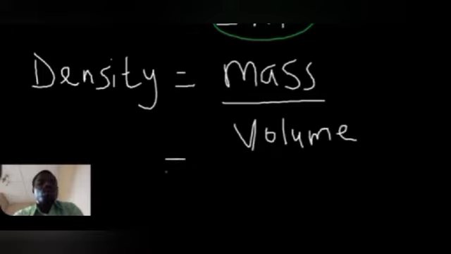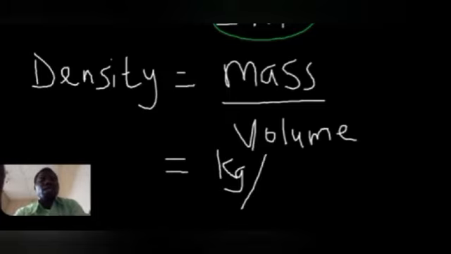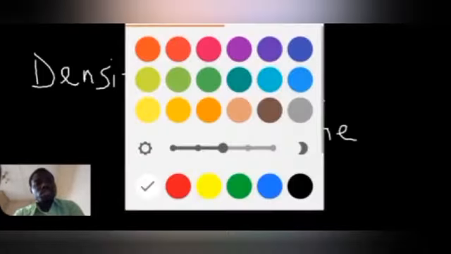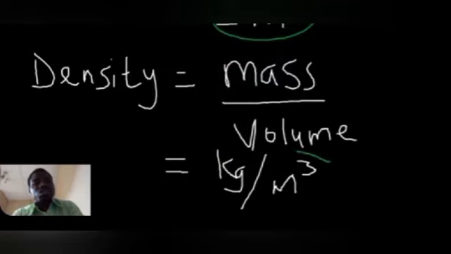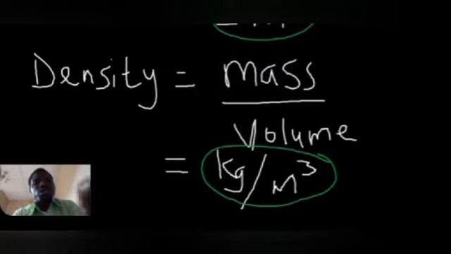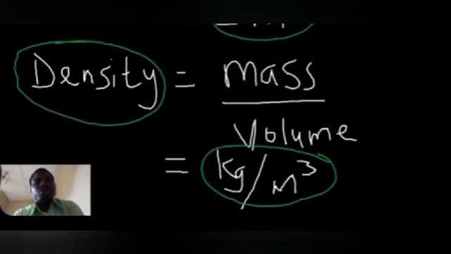From what we've learned, the basic unit for mass is kg. So that's kg divided by volume. We just did volume, and that's meter cube. So density has its unit as kg per m raised to the power of 3, and density is a derived quantity.